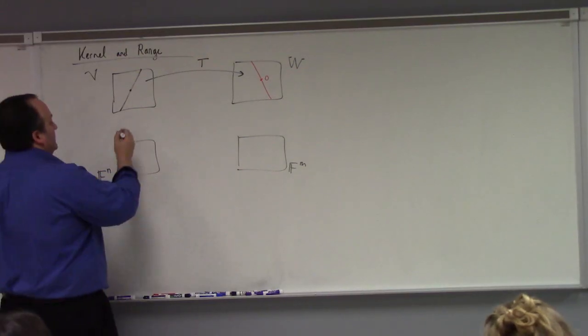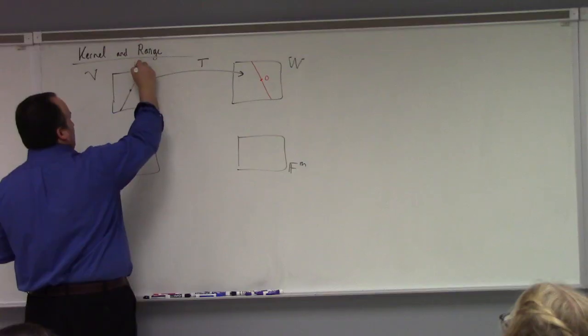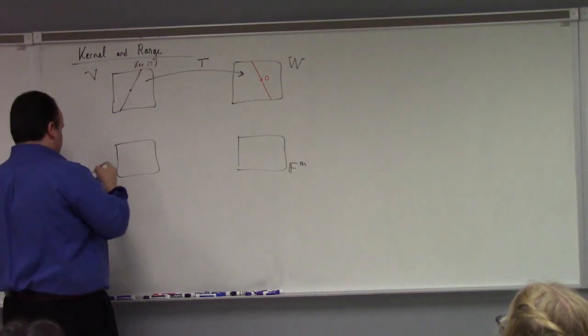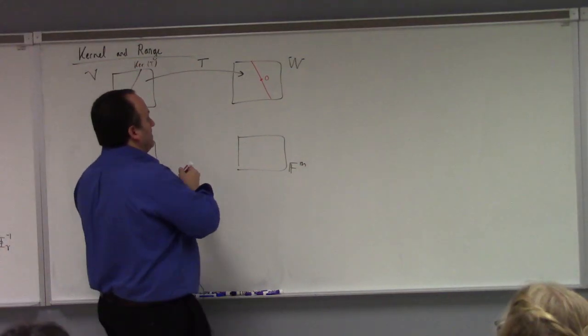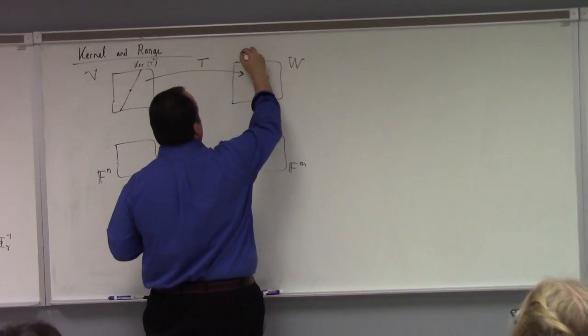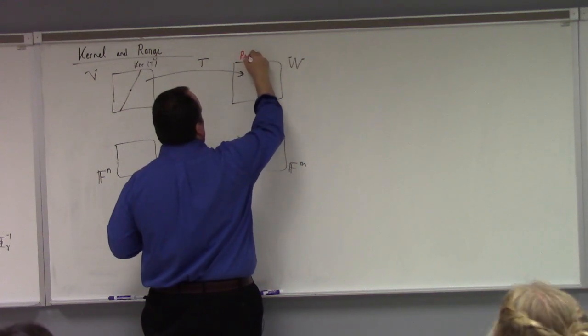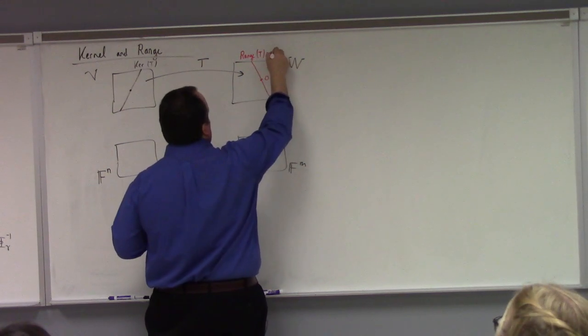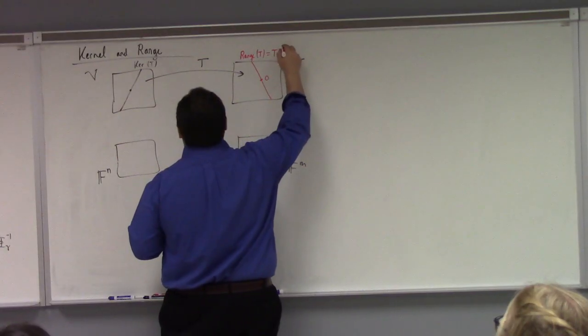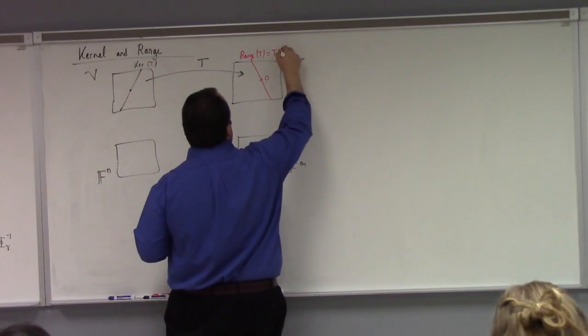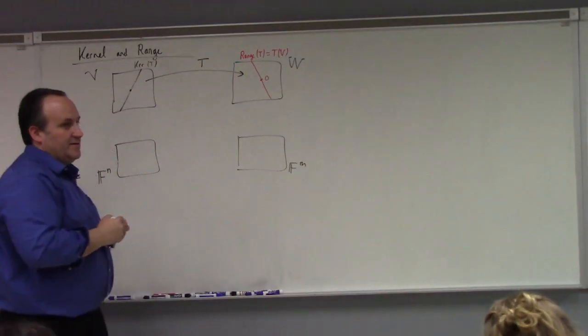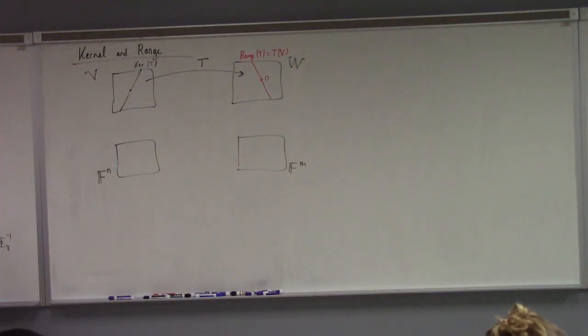What would it mean if the kernel was the whole space? Well, the range is just zero, so it's the trivial transformation. It just sends everything to zero. That one's really easy to analyze. But generally speaking, it's going to be some subspace. If the range of T was all of W, then we'd be talking about an onto map.